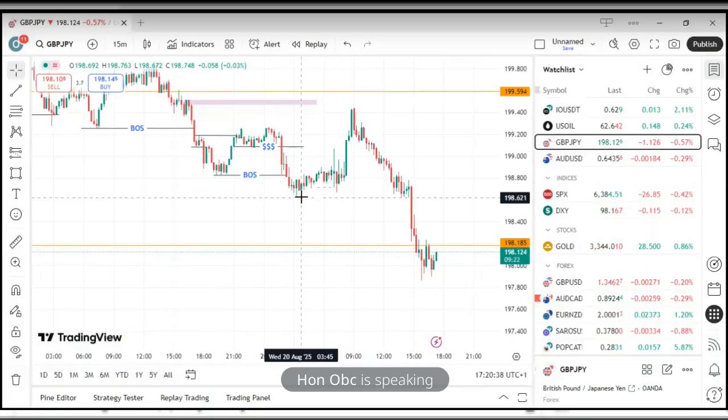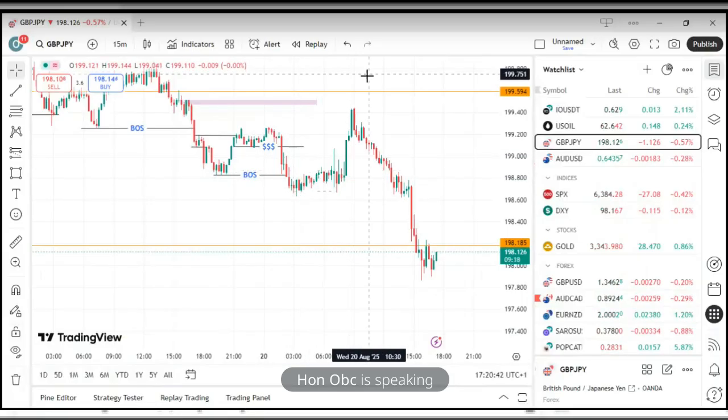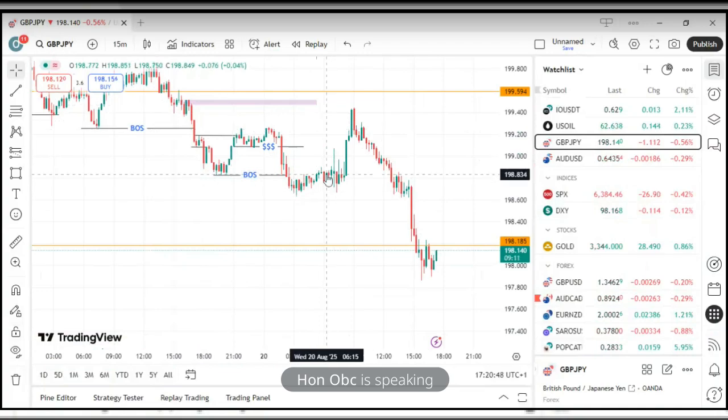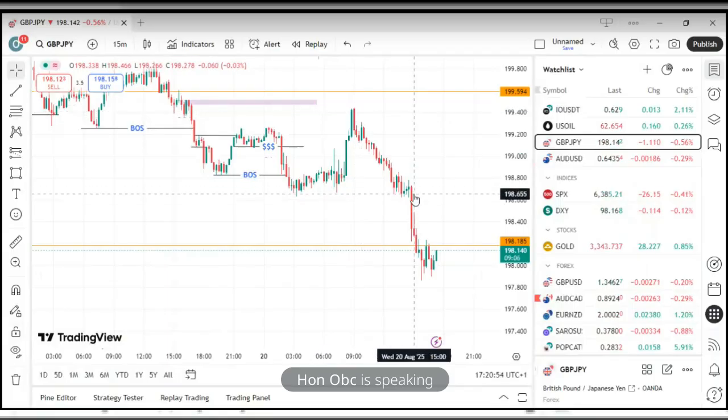You can see that some people might have entered here as well, thinking that, because on the overall time frame of GBP the market is to the upside, it would continue to the upside. But definitely the market did the opposite.